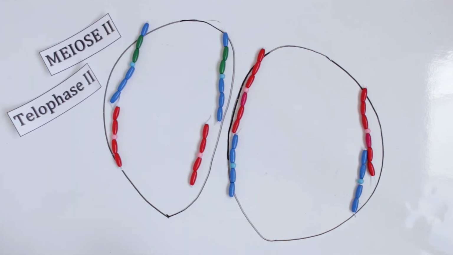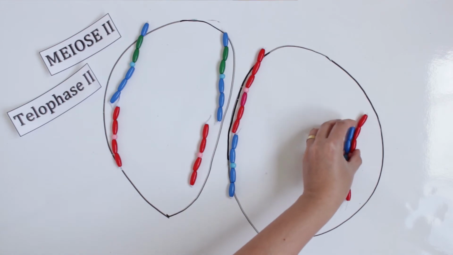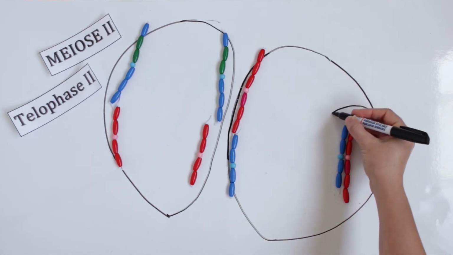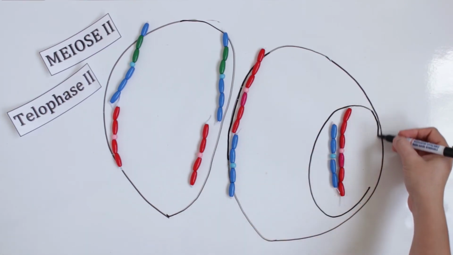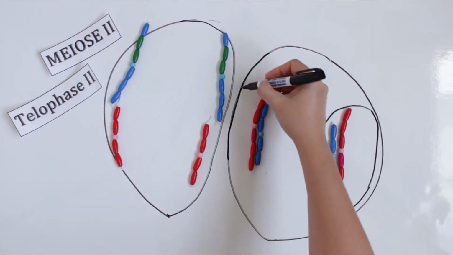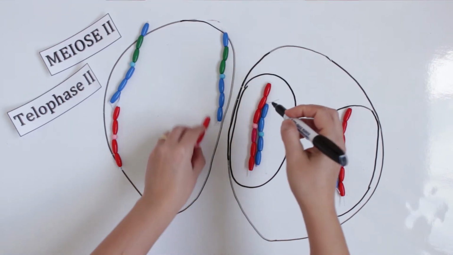What happens in telophase 2? I form again my nuclear membrane. So here I have two single chromosomes. So I'm gonna form two new nuclear membranes.